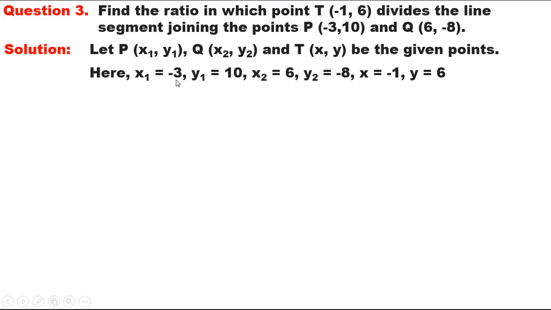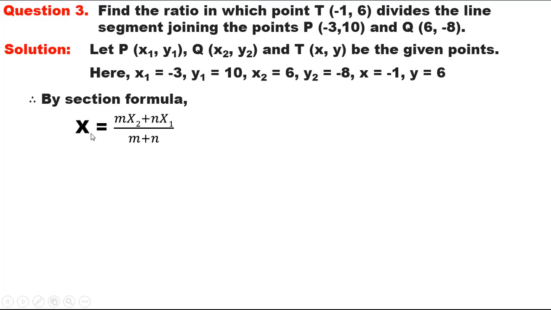Here x1 is equal to minus 3, y1 is equal to 20, x2 is equal to 6 and y2 is equal to minus 8. X is equal to minus 1 and y is equal to 6.